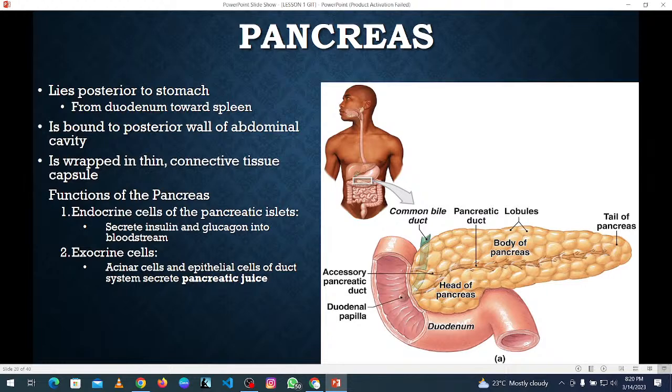So yesterday you saw where the stomach essentially is, and I explained where it is: in our abdomen, on the left side, just below the ribs. And that's where our pancreas also lies, to the posterior end of the stomach.